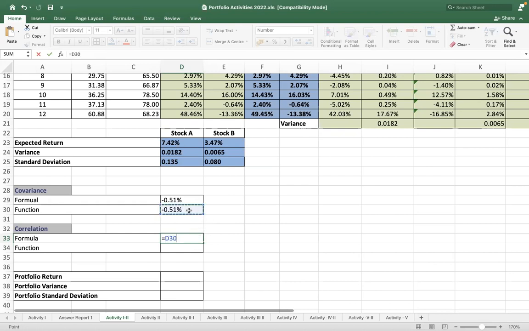Covariance, standard deviation of A, standard deviation of B. Then press enter. Sorry, this is divided now.